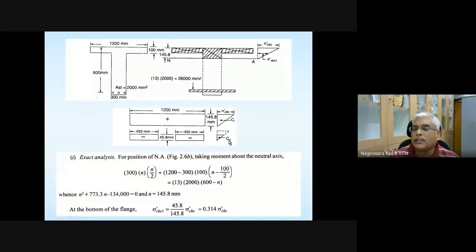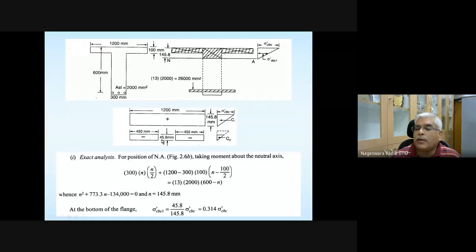What about the moments resulting from C2? Those moments are going to be 450 multiplied by 45.8 multiplied by half multiplied by 0.314 sigma CBC prime, multiplied by the lever arm.